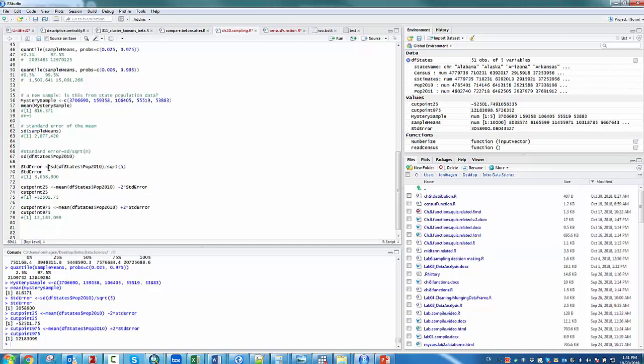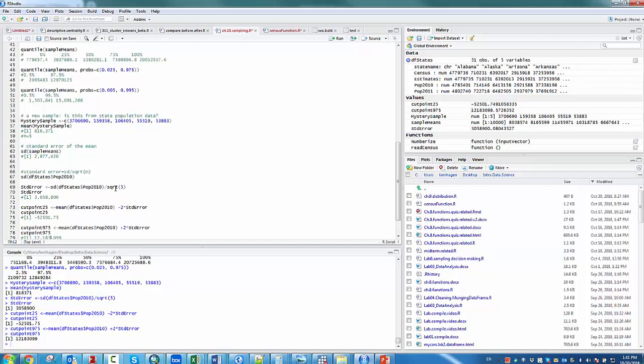So based on this, it seems this new mystery sample is in that range. So if you use standard error, it could be said that this mystery sample could be in this range.